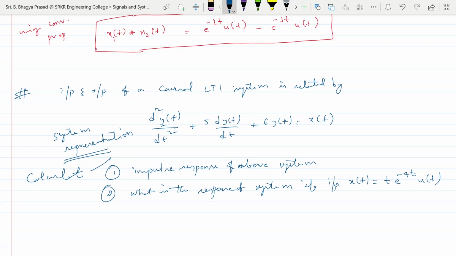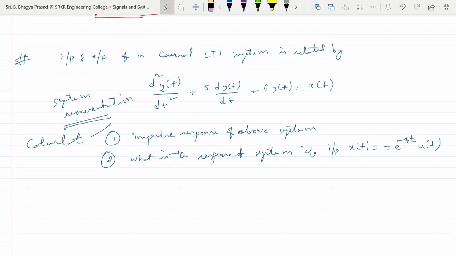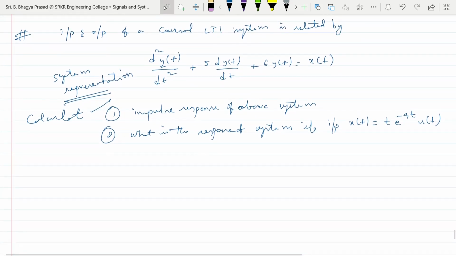Again we go for the property applications. We use the time differentiation property here.